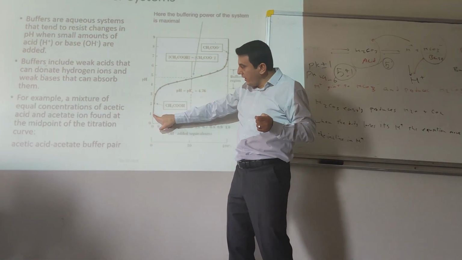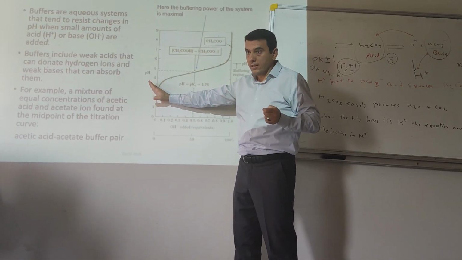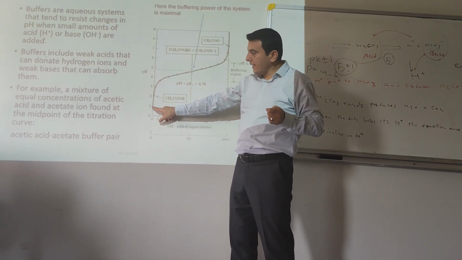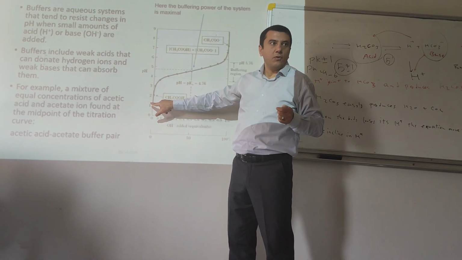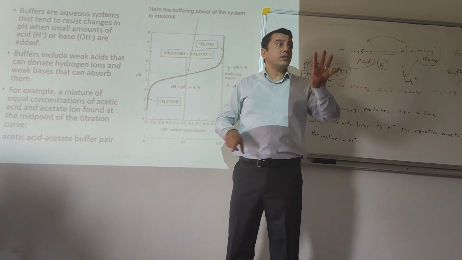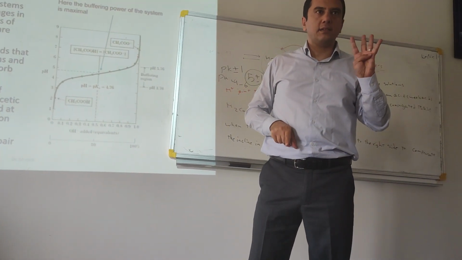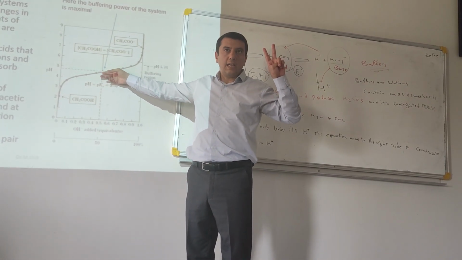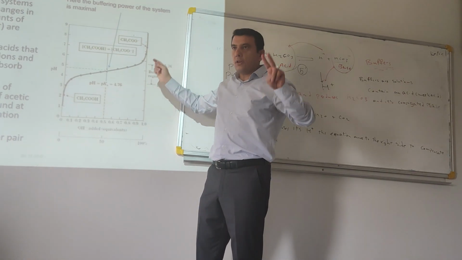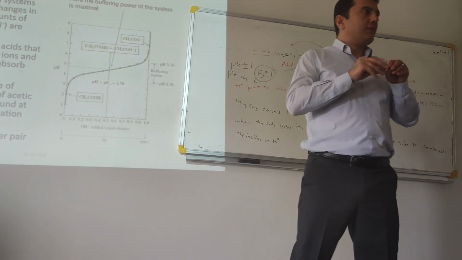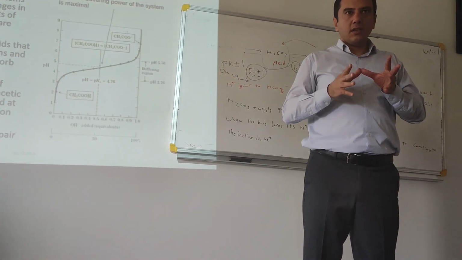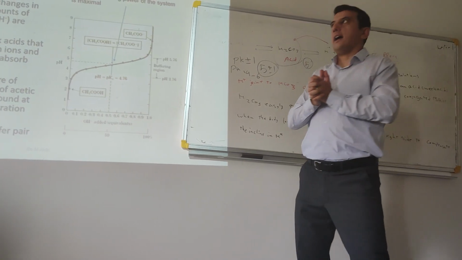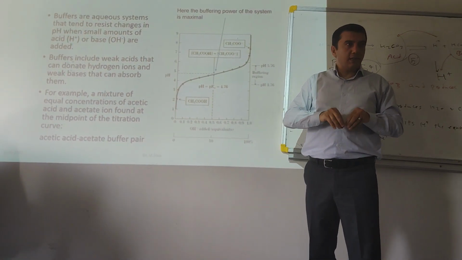On the other hand, pH changes in this region are much higher. For example, you can see that pH changes from 1 to 4, more than 4 units. But here, you have just 2 unit changes in pH in the buffering region. So, in the buffering region, you have the lowest changes in pH, and you see the highest power of a buffer.